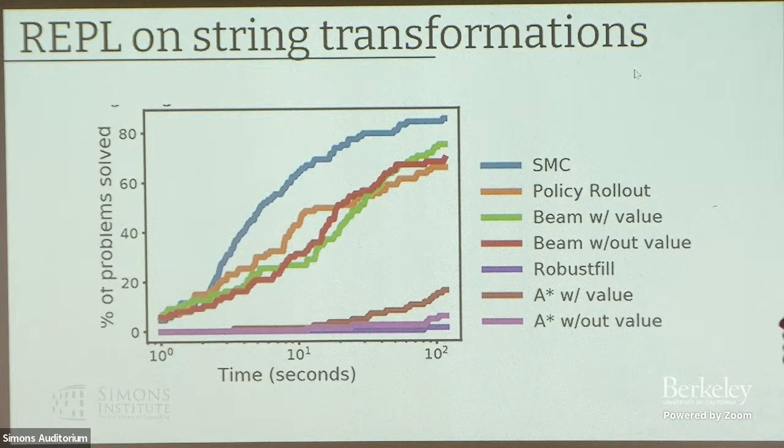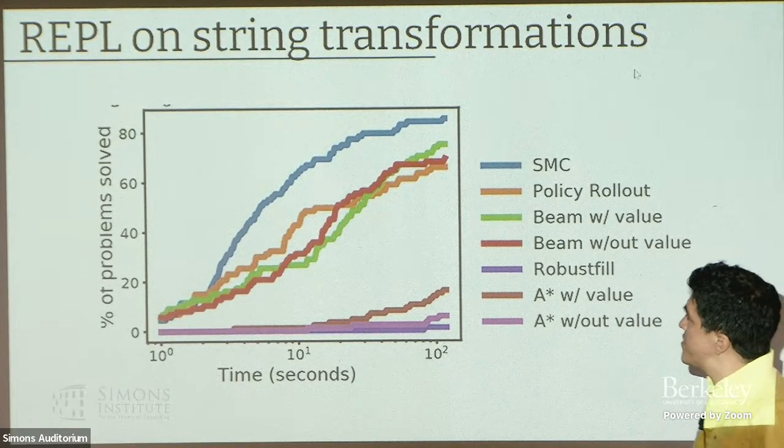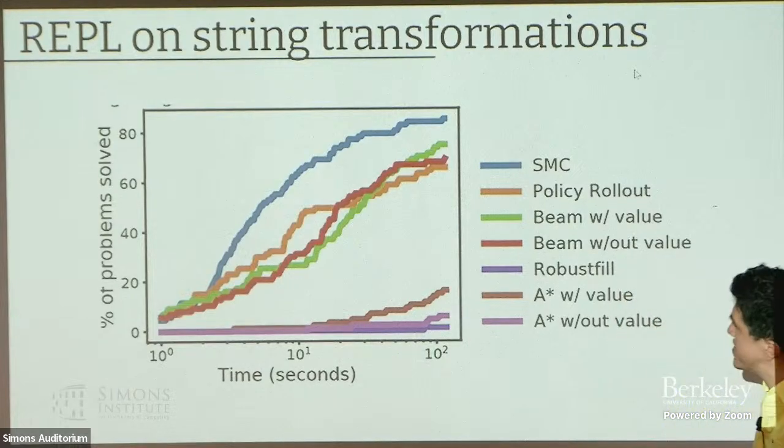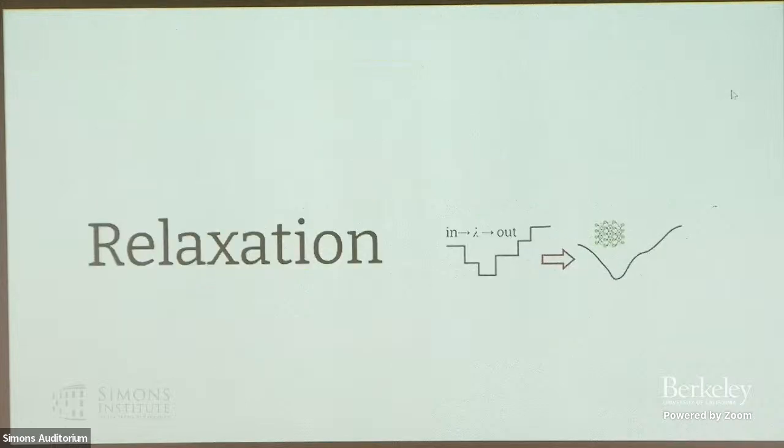What we found here is that the search strategy that worked best was sequential Monte Carlo. It's just a sampling algorithm that happened to work pretty well in this domain. So this is kind of a whirlwind tour of different search strategies, both fully symbolic as well as neurosymbolic.